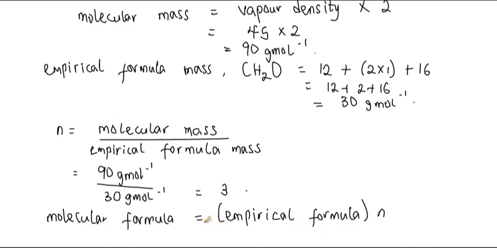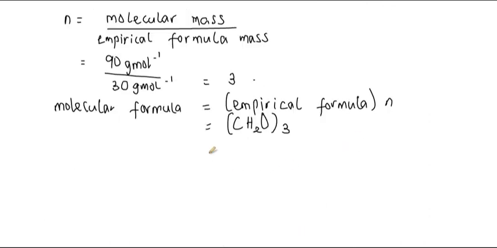So here we have the empirical formula from the question given to be CH2O. So we have CH2O into bracket of the whole number multiple. We got that to be 3. And this equals, so we're multiplying whatever is in this bracket by 3.